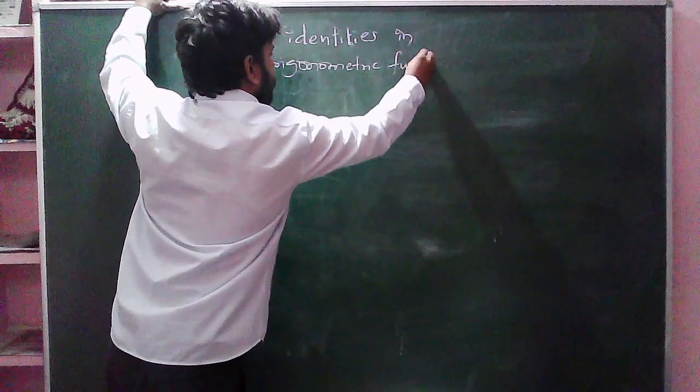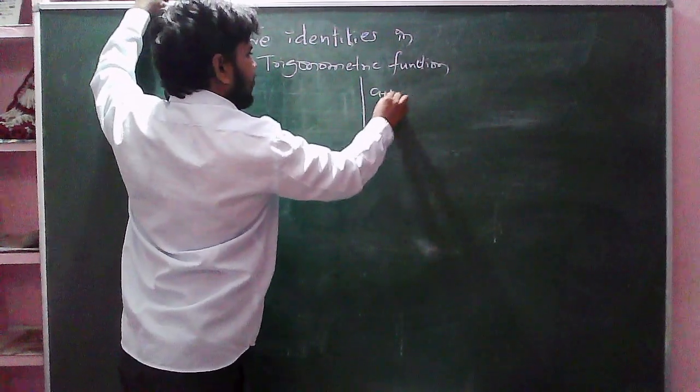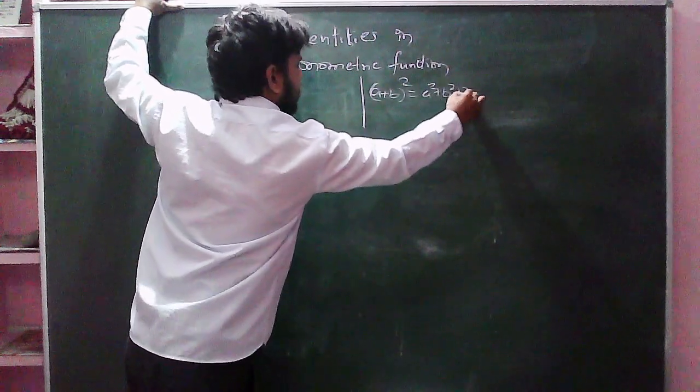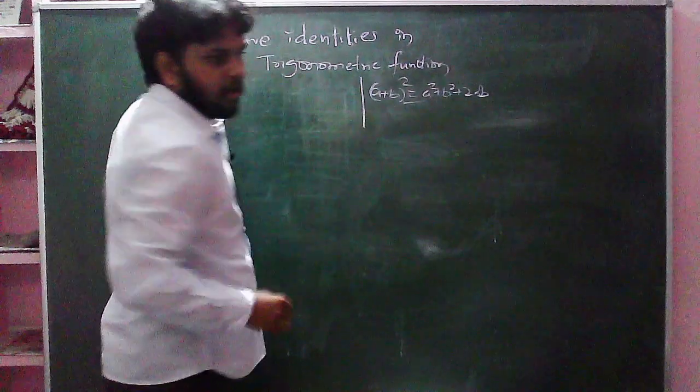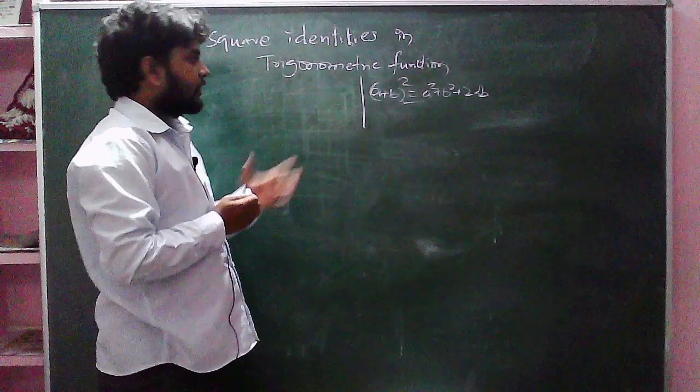You know about square identities, right? You learnt in the basic classes that a plus b whole square is equal to a square plus b square plus 2ab. These are the square identities in algebra, but we want square identities in trigonometric functions.